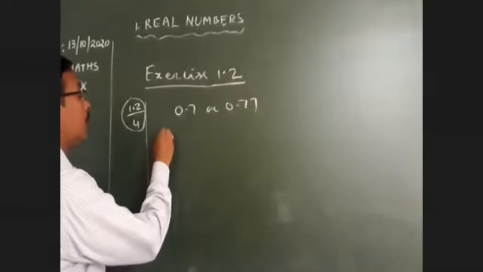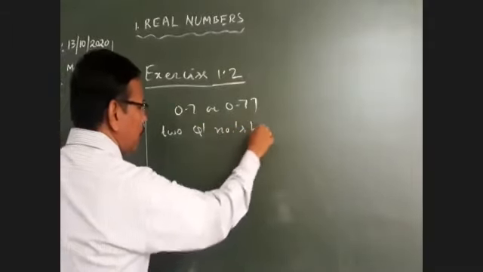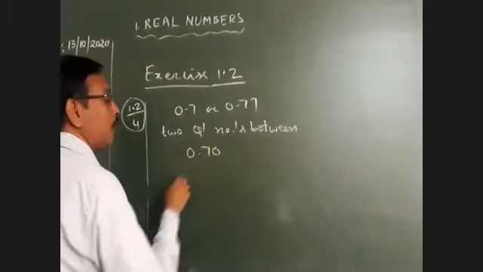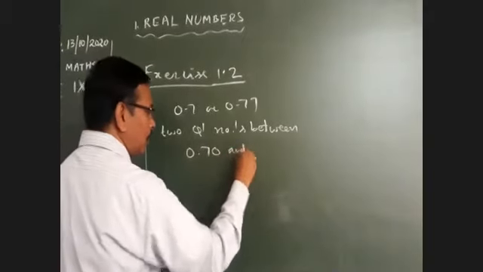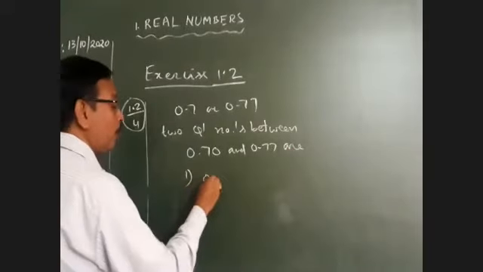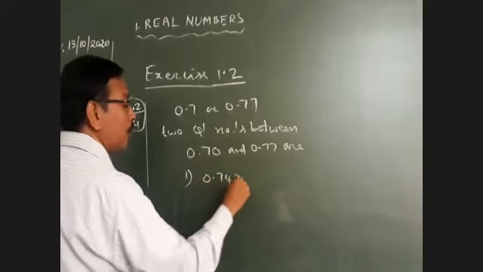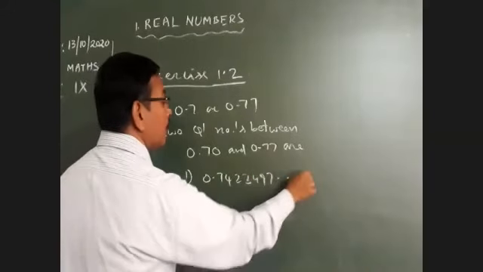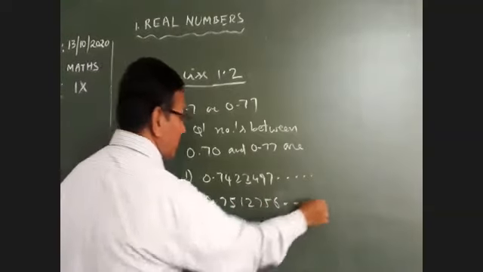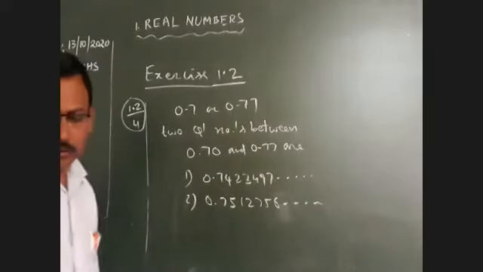Therefore, two irrational numbers between 0.70 and 0.77: number 1, 0.70 afterwards any number you can take before 7, so 0.74; any numbers you can take, 0.75. These are the two irrational numbers between 0.7 and 0.77.